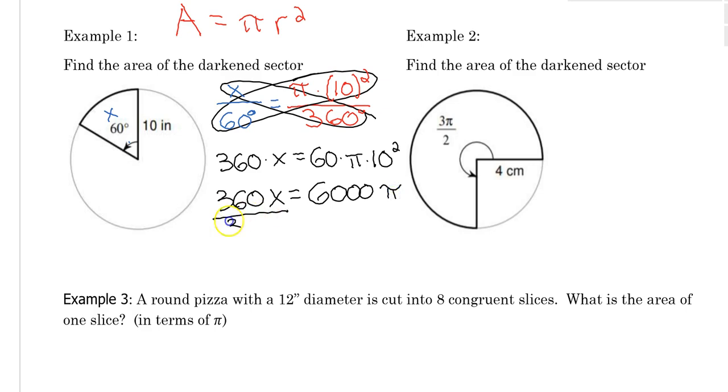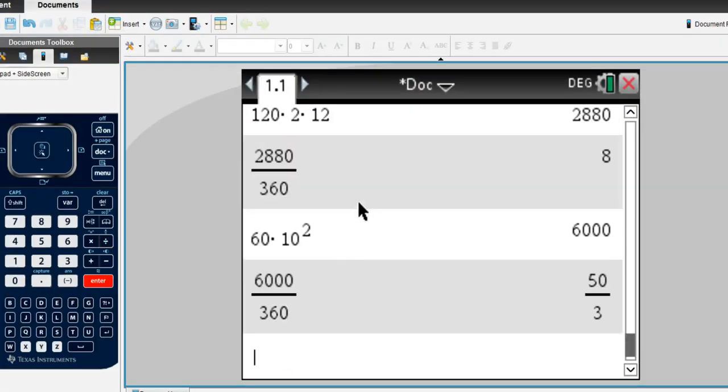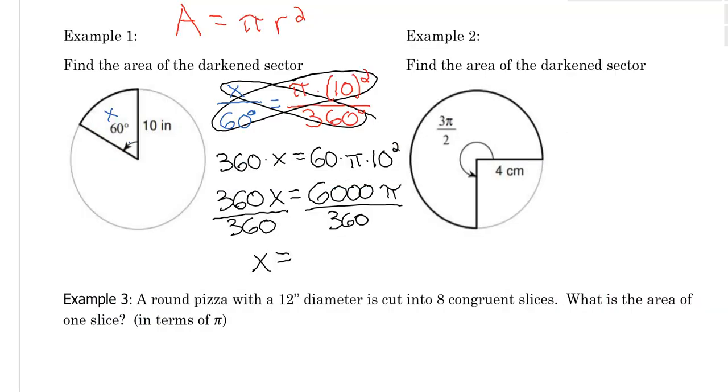And then I'm going to divide by 360. That is 50/3. So I'll have 50 pi over 3. This is area, so it was in inches, so it's going to be inches squared. 50 pi over 3 inches squared.